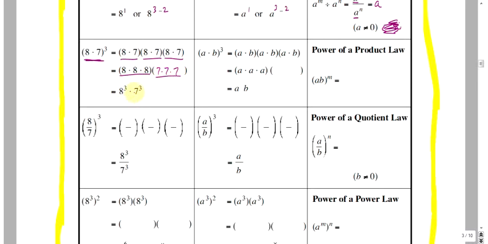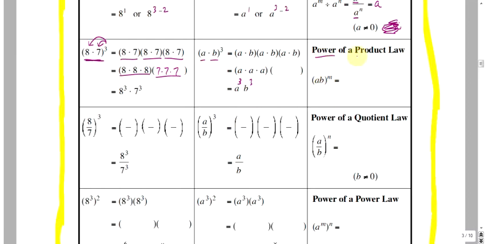How many 7s? 3. So once again, this 3, it applies to everything in the brackets. If you got 17 numbers and letters in there, that 3 applies to every one of them if they're in the brackets. Okay, same thing if it's letters.